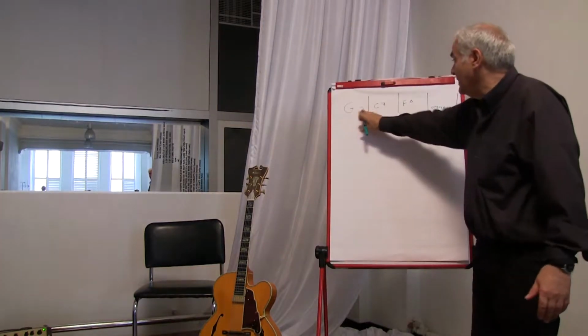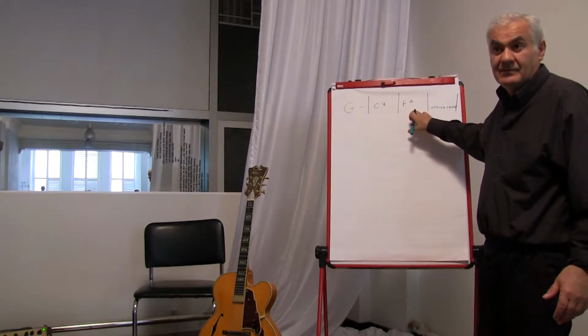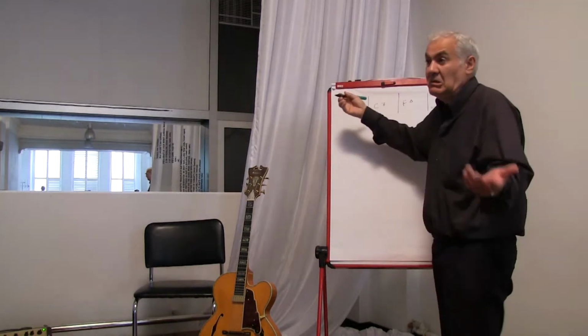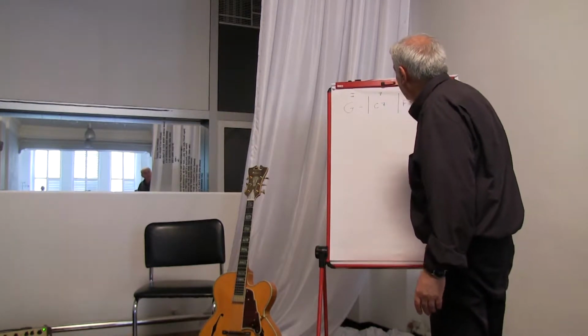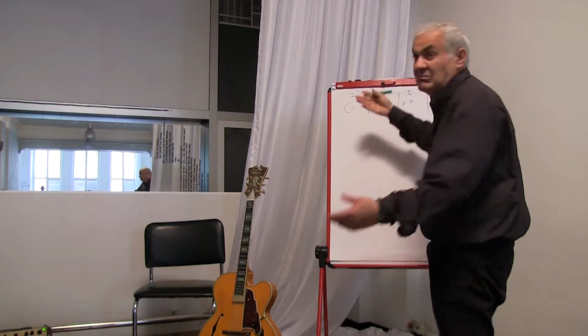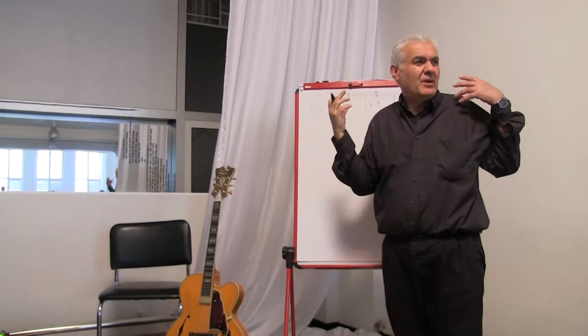So the most used is like G minor, C7, F. This chord progression in jazz is 2, 5, 1. You know already, did you hear about this? Yes?